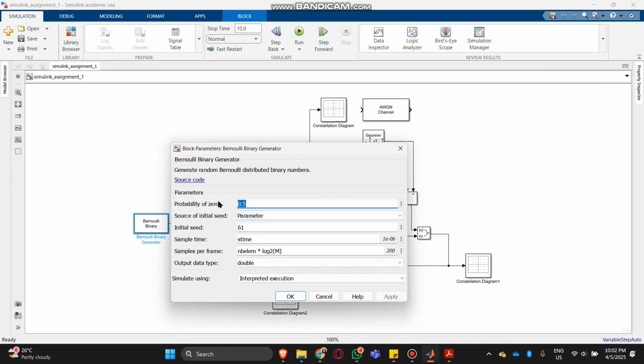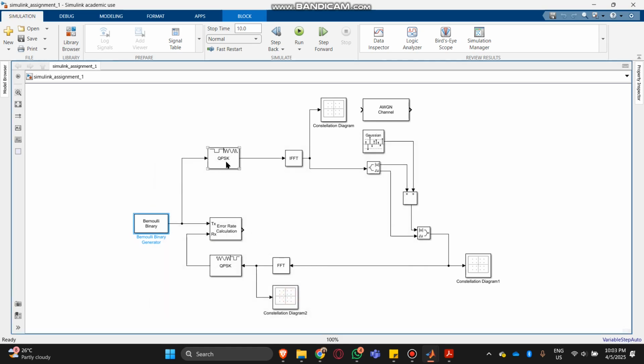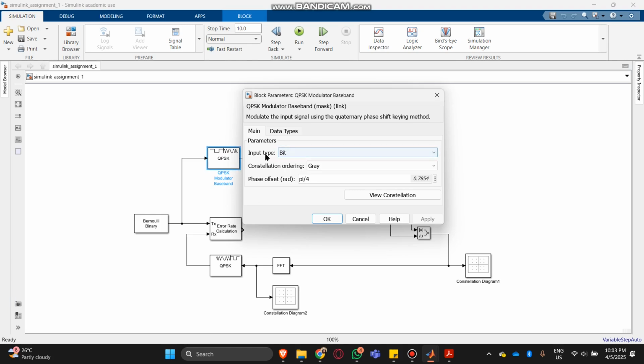For the Bernoulli, we set probability of zero 0.5, source of initial seed set to parameter, initial seed 61, sample time set as time, samples per frame, and bit count times log2(M), output data type double, simulated using interpreted execution. Then QPSK: input type change to bit, constellation ordering gray, phase offset radians pi over 4.